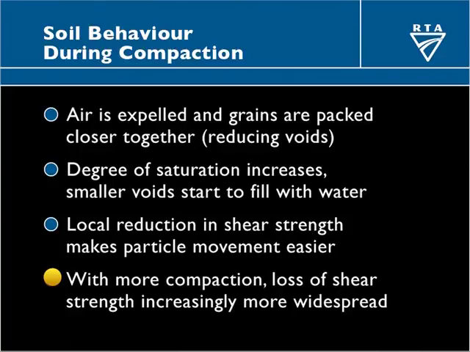Now, as you compact the soil, you get an increase in the degree of saturation. Those saturated voids become more common, and the loss of shear strength becomes more widespread. Eventually to the point where the soil starts to lose shear strength and the whole thing can move around rather easily under rolling. And some of you may have seen that happen.